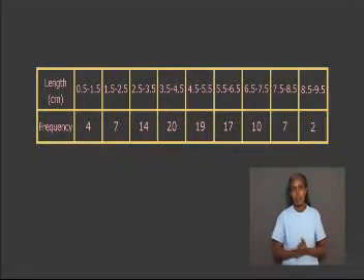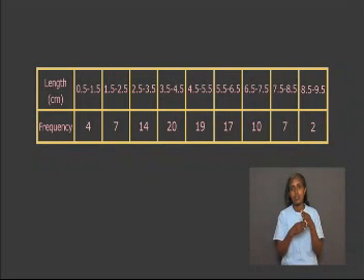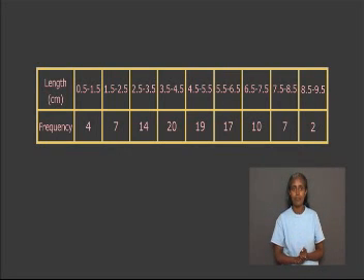Students, let us review how to construct a histogram. The first step is to construct a grouped frequency distribution. This will involve drawing a frequency distribution table like the one seen here.